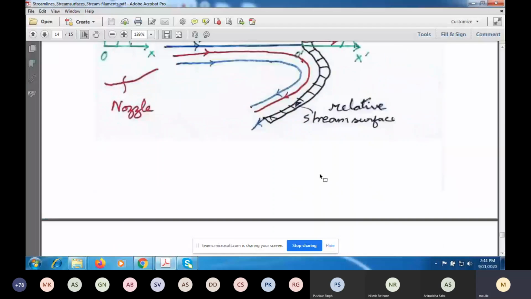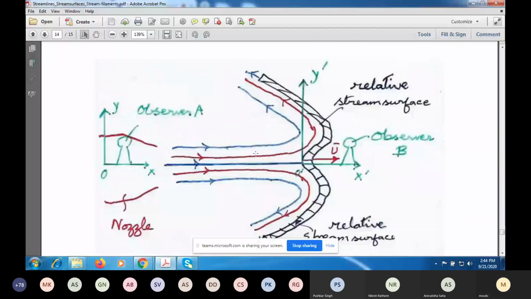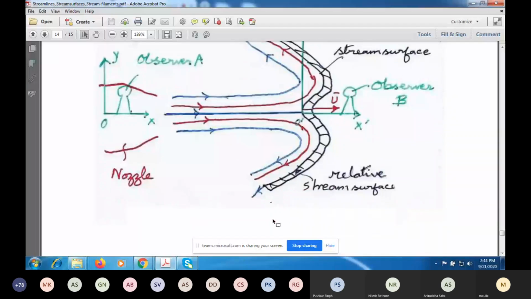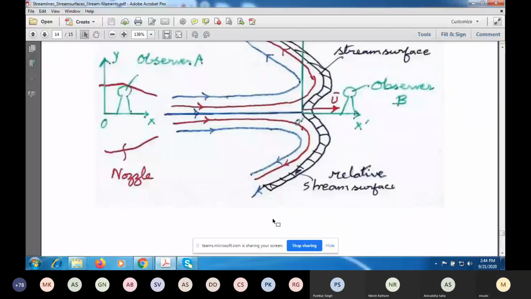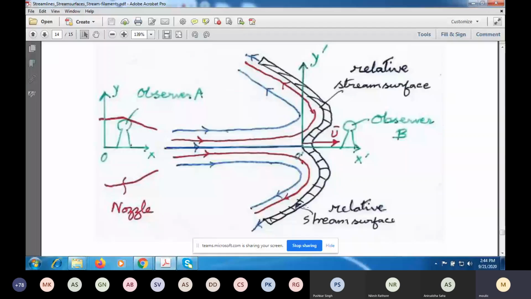Essentially, the fluid is deflected. Why is it deflected? Because the solid is an impermeable solid. And because of the curvature of the streamlines, the pressure increases. So the pressure on the inside is larger than the pressure on the outside. You must understand what a relative streamline is and what a stagnation point is, a relative stagnation point in this case.